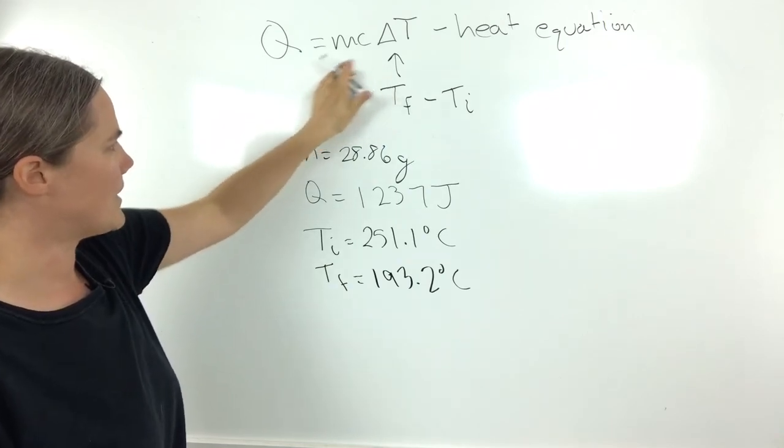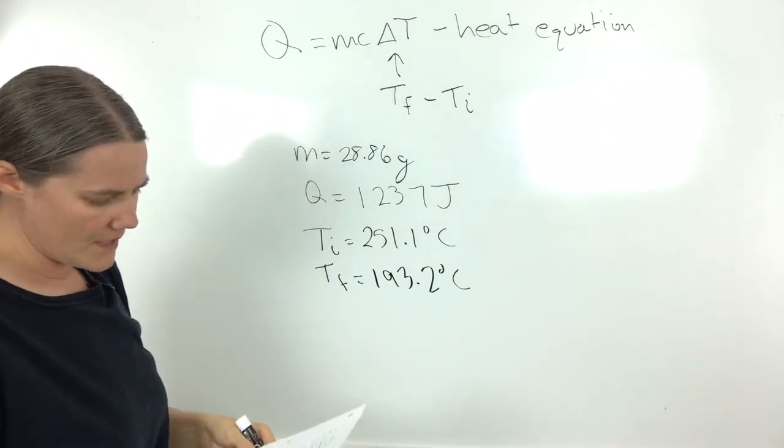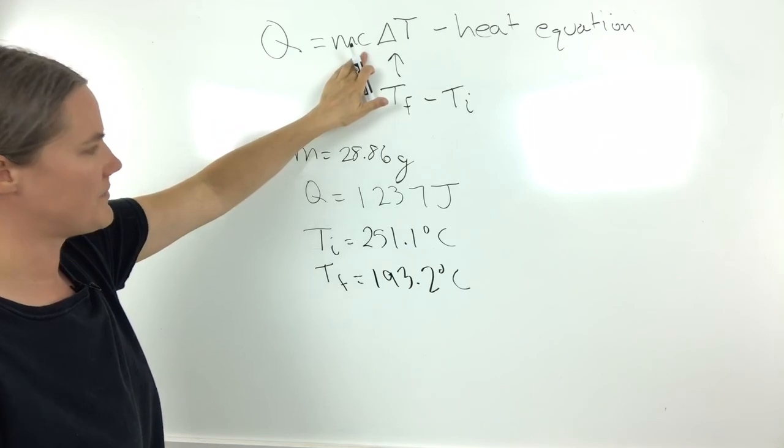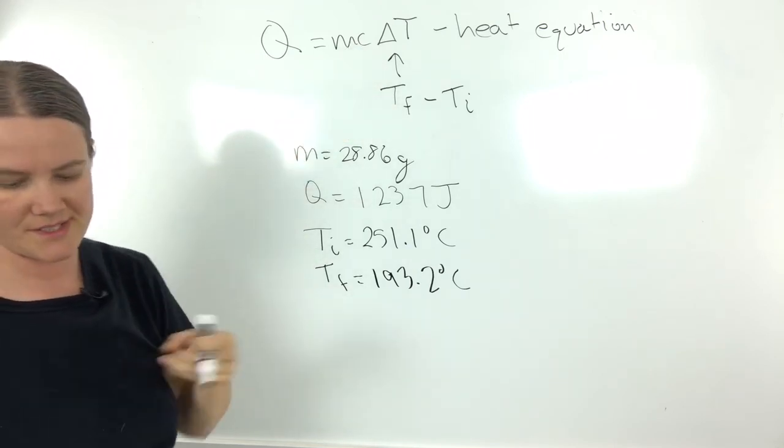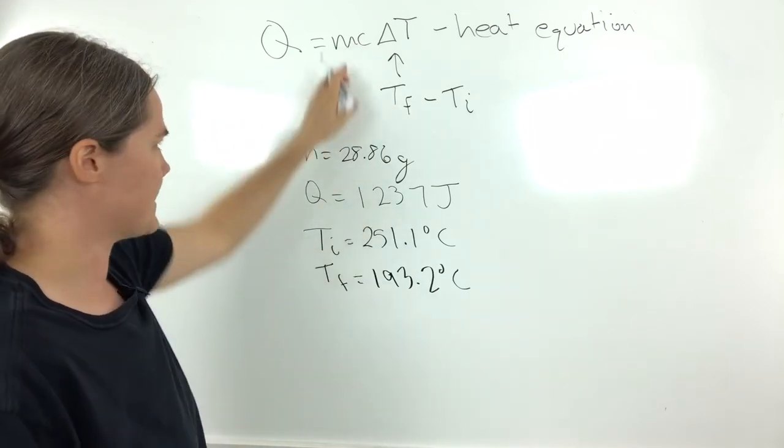So this is what we were given. If we look at our equation, it's asking us for the specific heat. It says, what is the specific heat of the substance?